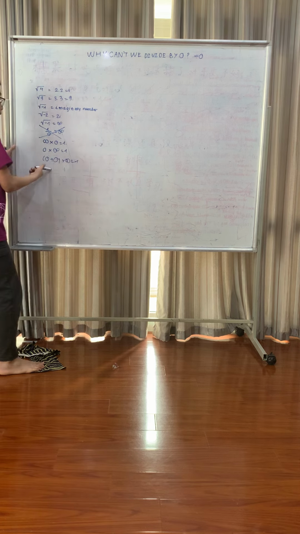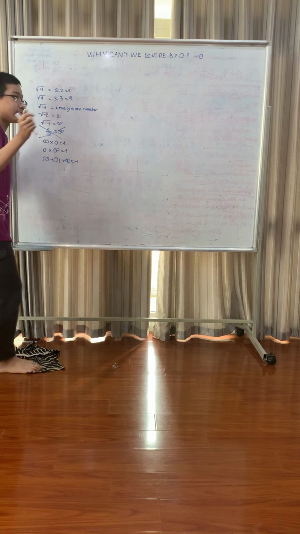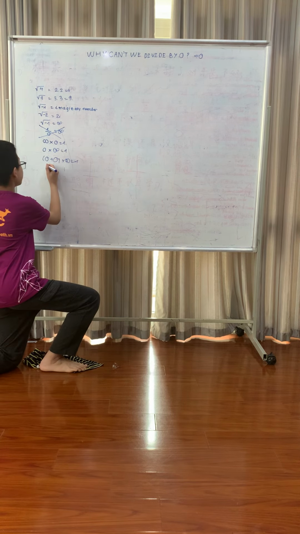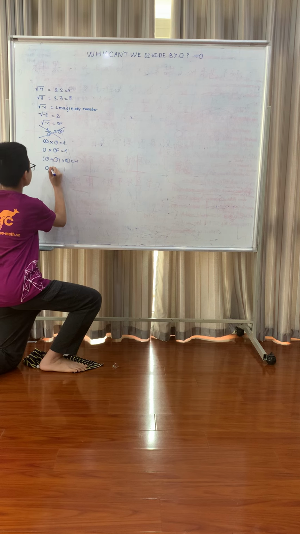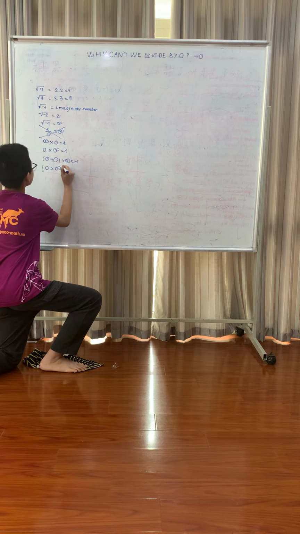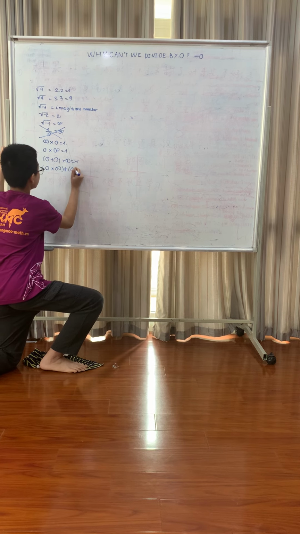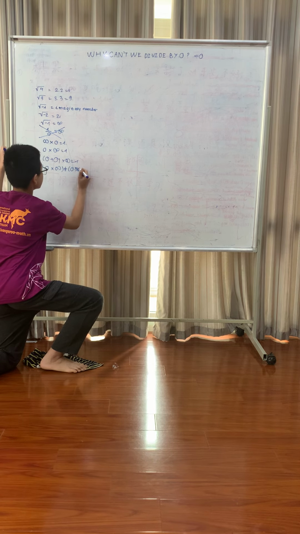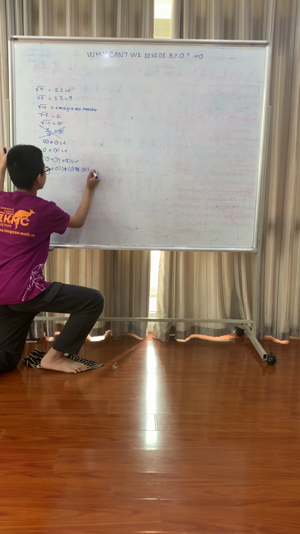Because 0 plus 0 is still 0. But if you follow the distributive property, 0 times infinity plus 0 times infinity equals 1.